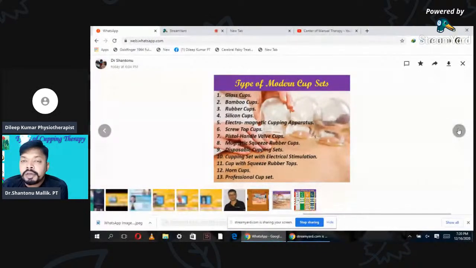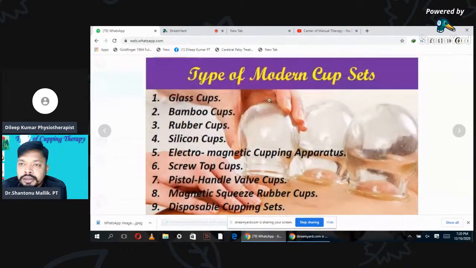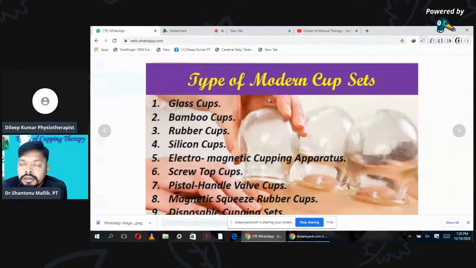No, no, you can make the slide a little bit larger and full screen, and your sound option should be muted. Then the voice will be clear. Now much better. Okay, so you can make me full screen. I will show the cup set now on my side.